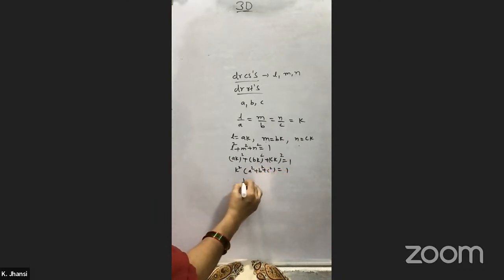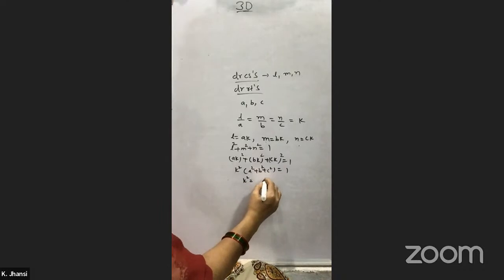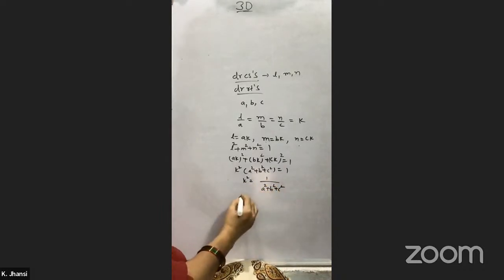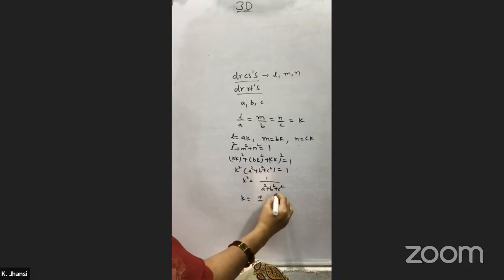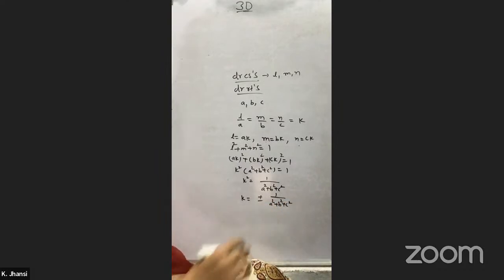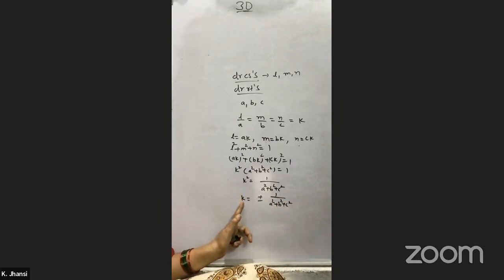And what you get is k square equals 1 by (a square plus b square plus c square), and k equals plus or minus 1 by root of (a square plus b square plus c square). So we got the k value.